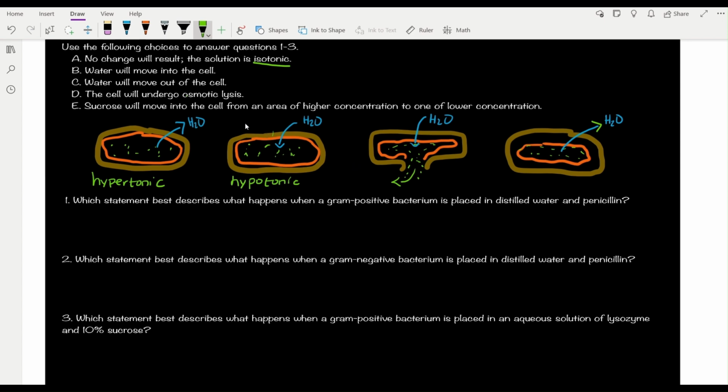So that's osmotic lysis. So I'll put that here. And our last image, water is leaving the cell, causing the plasma membrane to shrink, and that's plasmolysis.